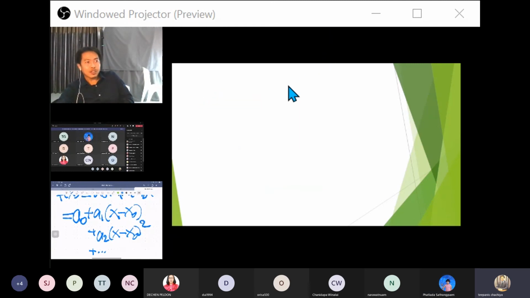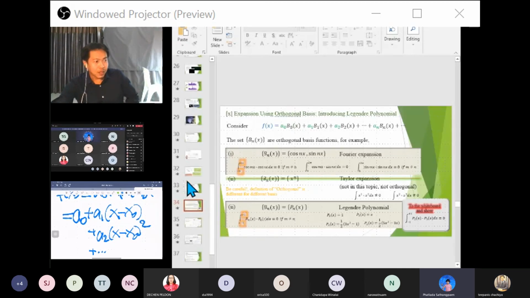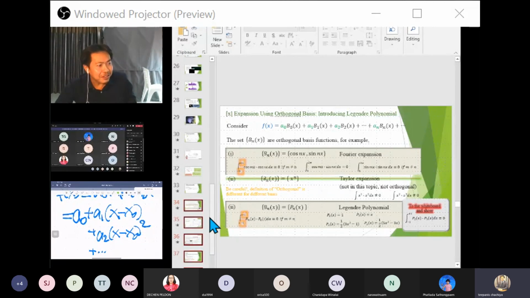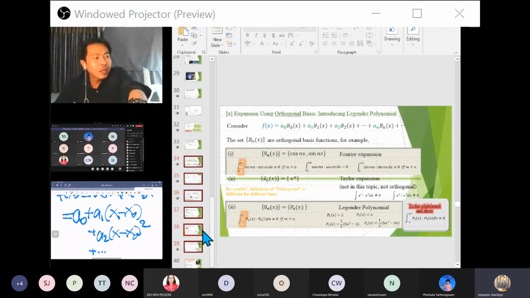Well, let's see, there's something wrong with my PowerPoint. Okay, I have to switch back to my PowerPoint and switch back to the screen. Oh man, there's something wrong with the selection. I don't know what happens, but the computer seems weird at the moment, and I cannot show you the rest of it.